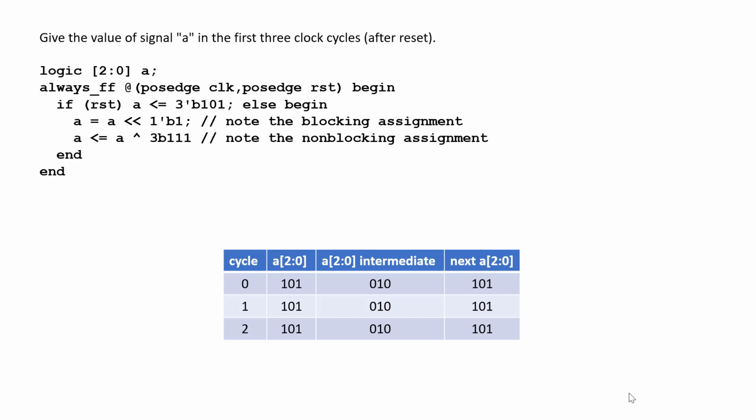I mean, that's assuming you reset it. If you don't reset it, then you may get a different outcome. But in this case, because we're resetting it at 101, this code will always produce 101 every cycle, because you're shifting 1 bit to the left and then complementing all the bits. So 101 shifted left by 1 bit is 010, and then you complement all the bits, you get 101.